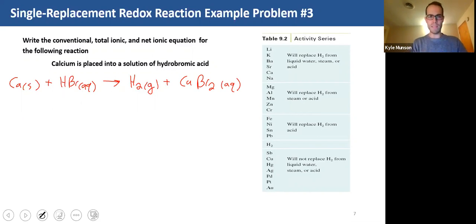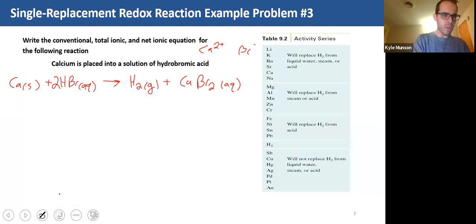Okay, we have to balance this, and we're going to do that by putting a 2 there, because remember the calcium ion had a 2+. I'll just be quick about this. Bromide ion had a -1 charge, so I need 2 of those there to balance it out. Okay, so that's the conventional.